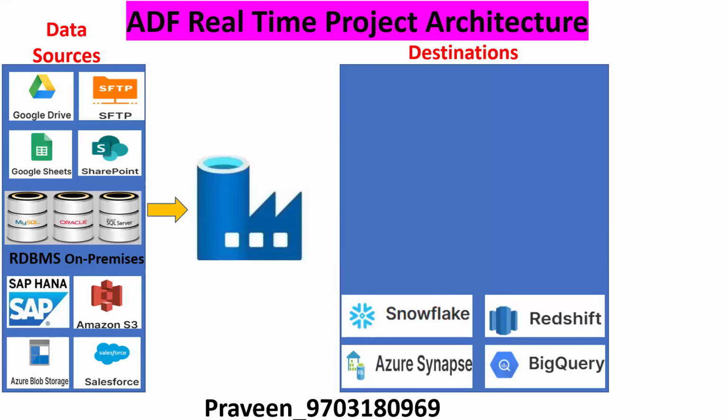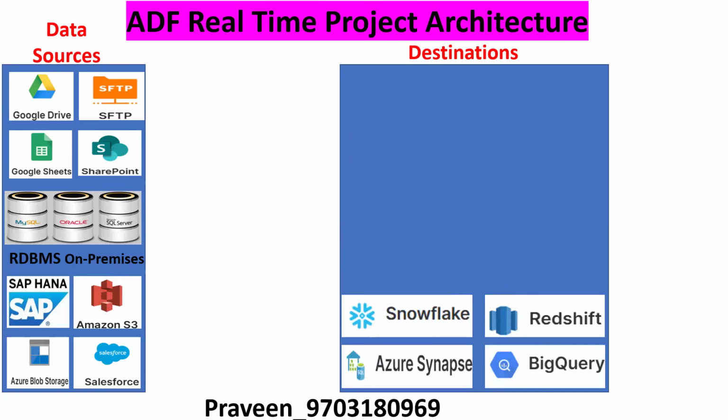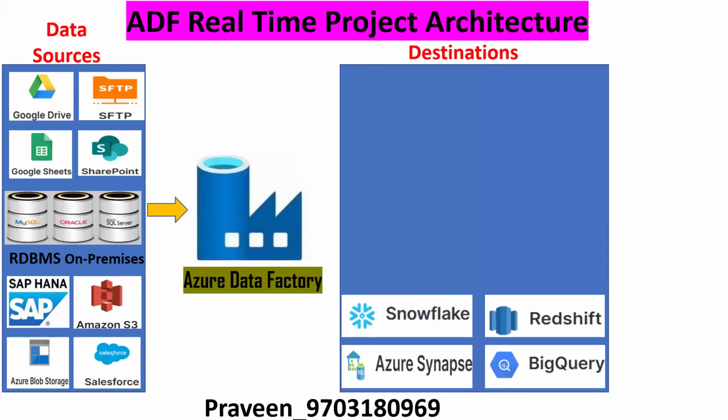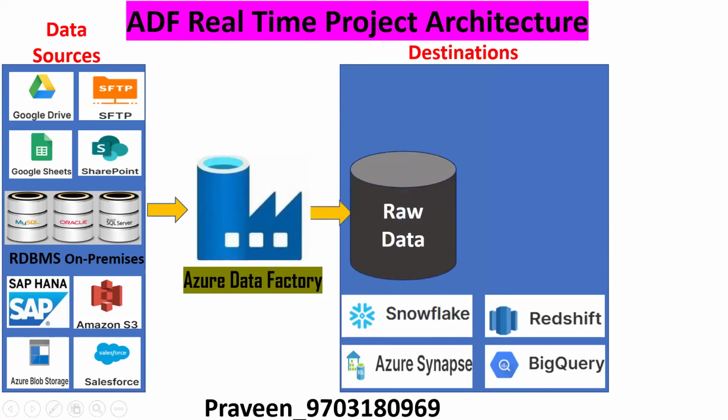We require a tool that is Azure Data Factory, an ETL tool and ELT tool. With the help of ADF, we are moving the data into Snowflake or any data platform. Now raw data is available.